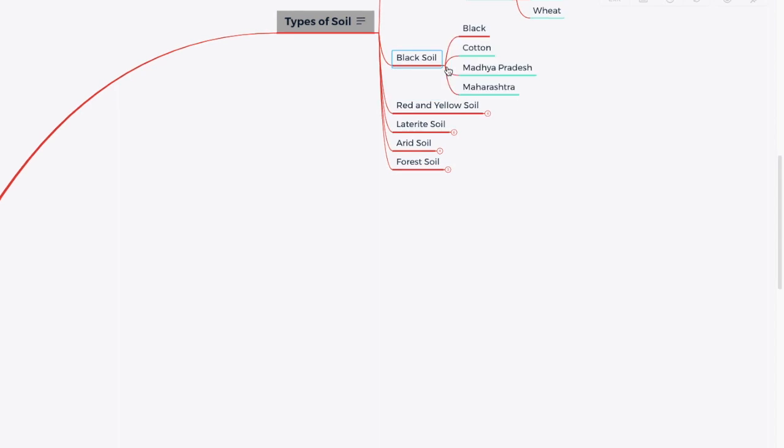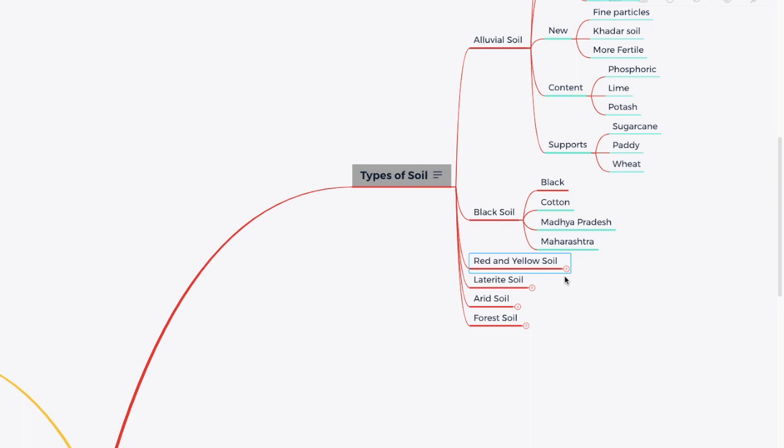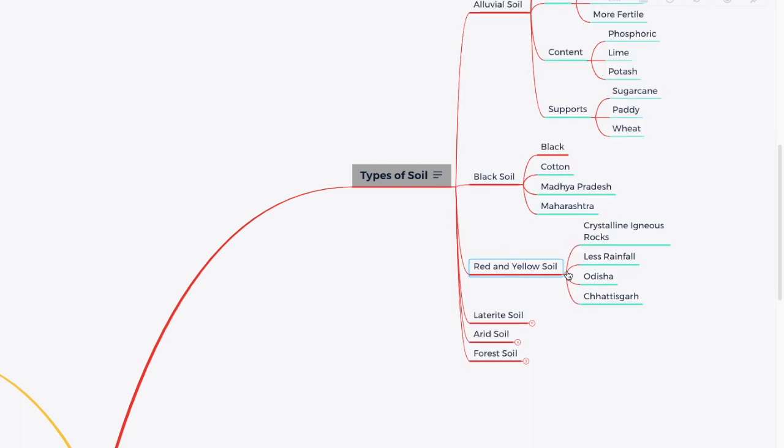Of course, it's black in color, perfect for growing cotton, and it's commonly found in Madhya Pradesh and Maharashtra. Red and yellow soil develops on crystalline igneous rocks in areas of low rainfall. You find the soil in places like Orissa and Chhattisgarh.